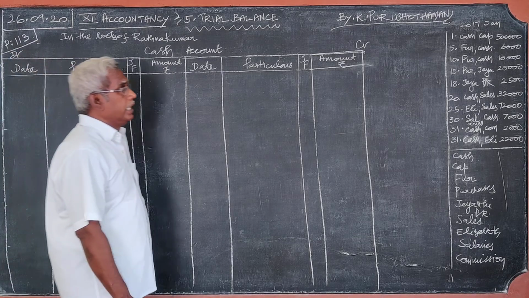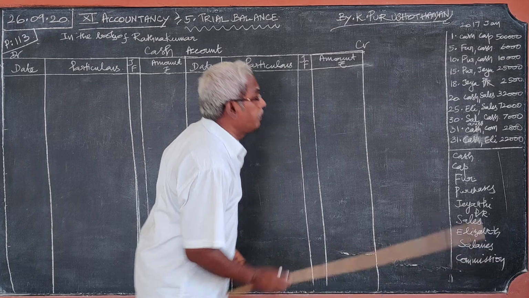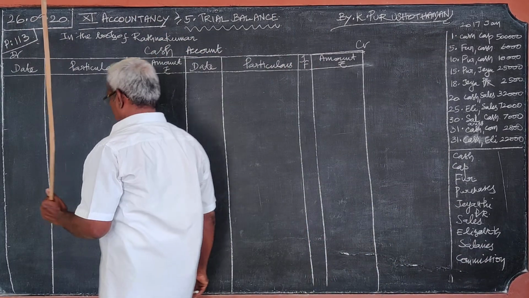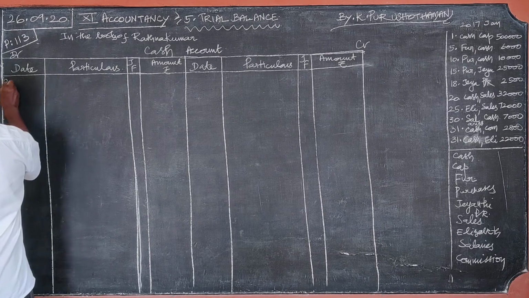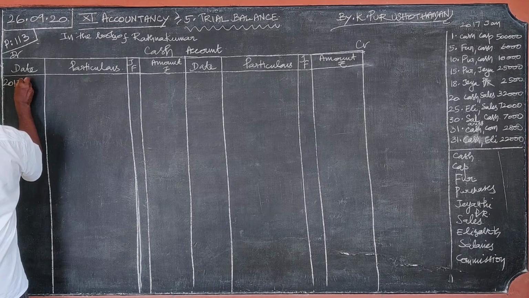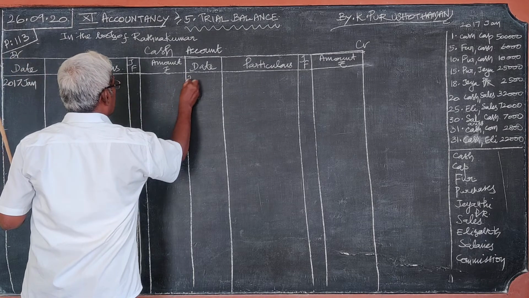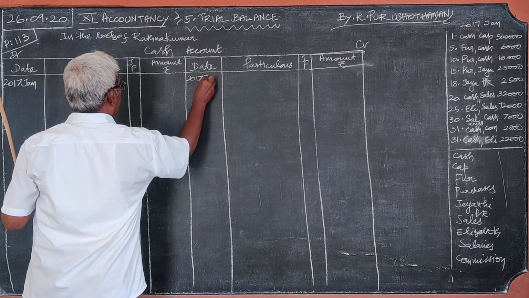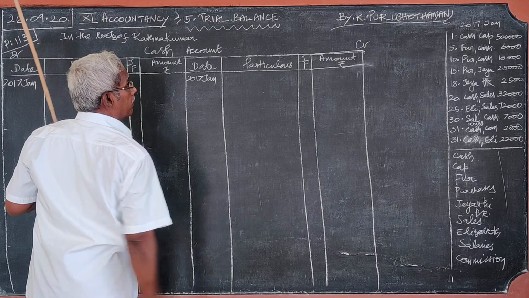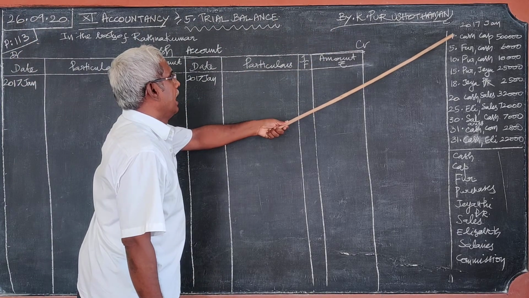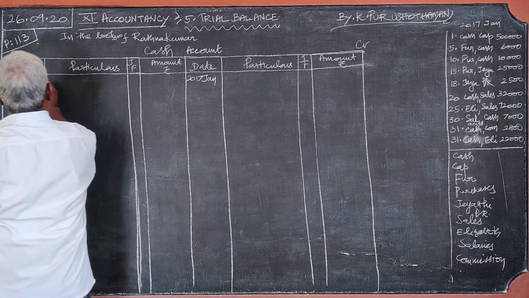We shall go to the postings of ledger. On 1st 2017 January, the first date, cash is on the debit.